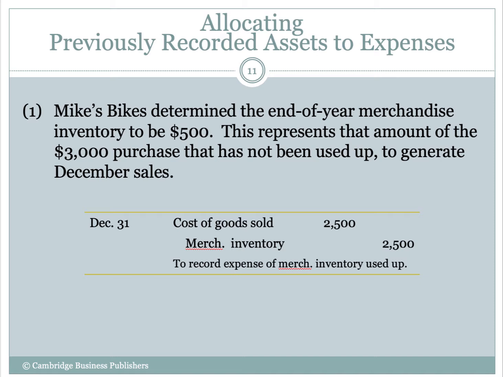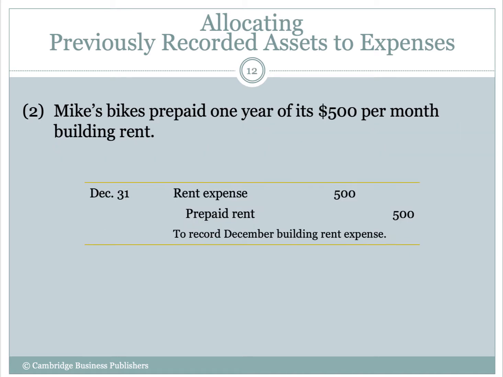Okay, so there's a question in your workbook or study guide, whatever we want to call it. It says, per the video, what journal entry do we do for prepaids, right? Well, that's the answer. We're going to debit some sort of expense account and we're going to credit some sort of asset account.